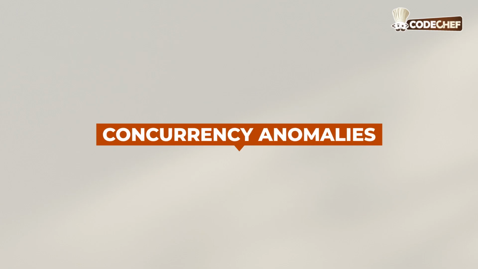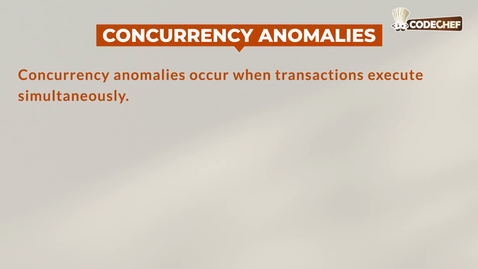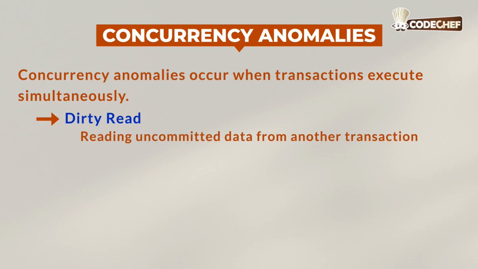Concurrency anomalies. Concurrency means when we are executing multiple transactions at the same time. Concurrency anomalies occur when transactions execute simultaneously. First is dirty read. We have discussed this. It means reading uncommitted or unsaved data from another transaction.